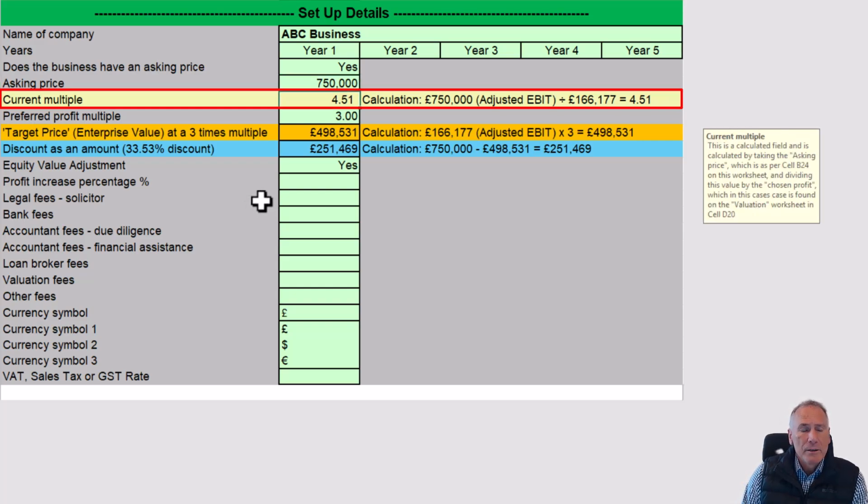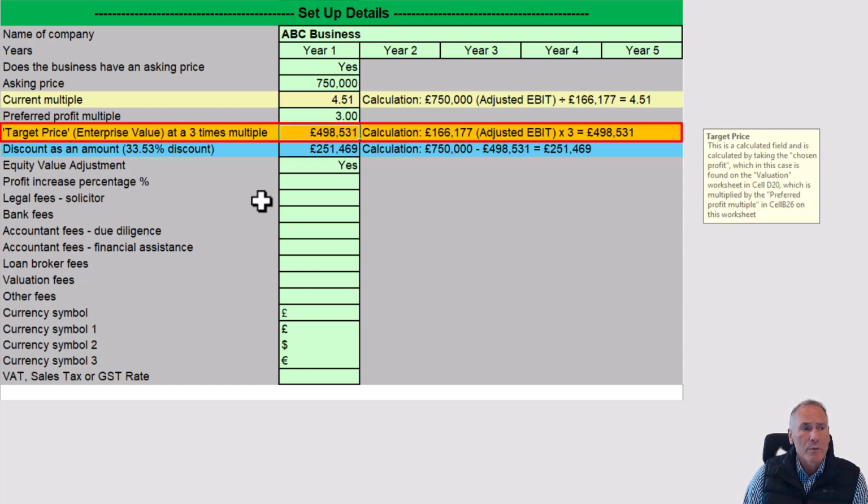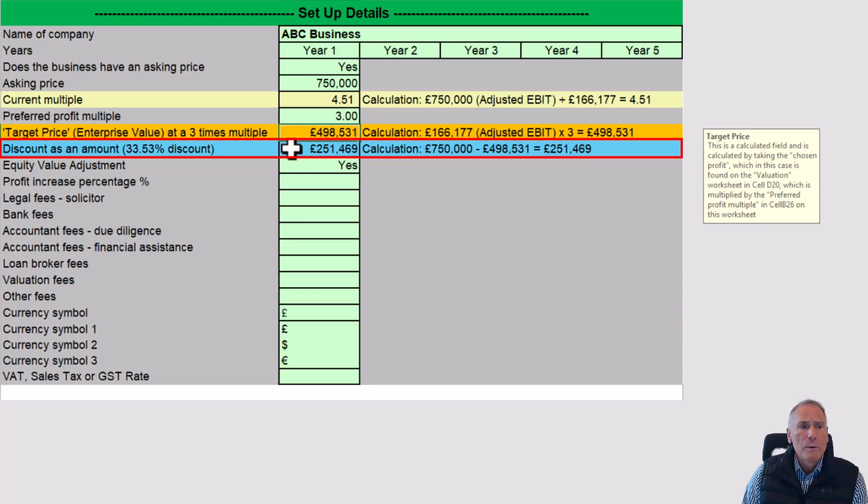And in my opinion, for a business of this size, that's too high. So if we were to use the 3 times preferred multiple, that would give us a target price of 3 times, which is 498,531. So we would need to discount, or effectively negotiate with the owner or the seller and get them to reduce what they want for the business by around £250,000.